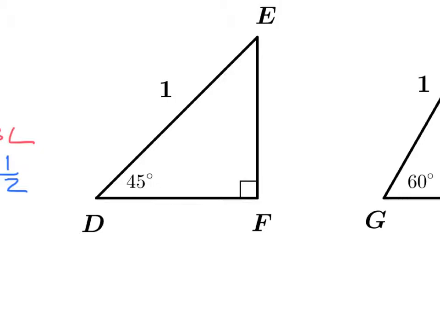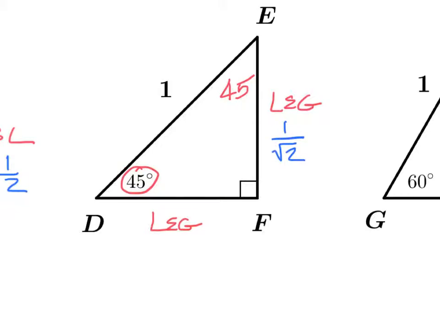The other type of triangle on here is a 45, 45, 90 right triangle. It is a special one too, whereby the legs are equal to each other. And to go from a leg to the hypotenuse, you have to multiply by the square root of 2. If that's the case, then to go from the hypotenuse back to a leg, you would have to divide by the square root of 2.